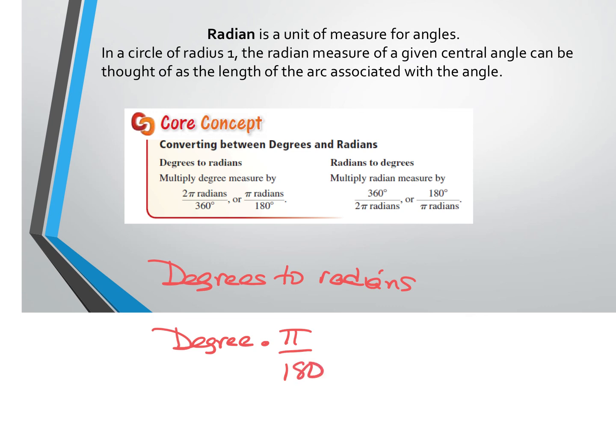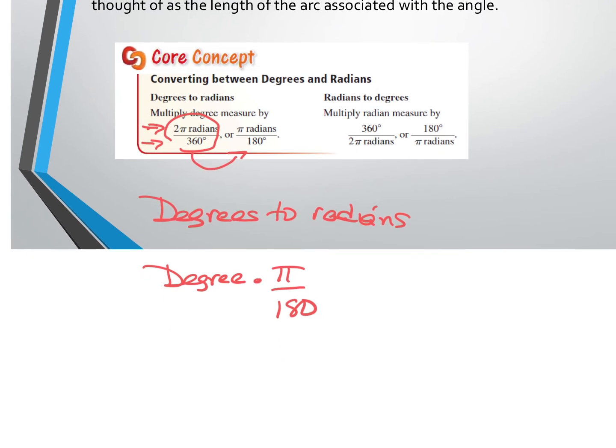Because what they've shown up here is the circumference, or the whole circle, is 2 pi, and it's equivalent to 360. So this is the conversion, but they simplified the fraction to pi over 180. Once we multiply the degree that's given by pi over 180, then that will give us our radian measure.